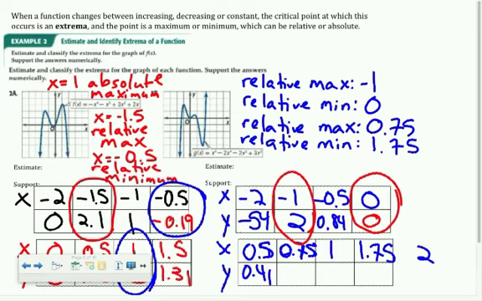Continuing with the 0.75. 0.75, I'm sorry, not squared. To the 5th power. Minus 2 times 0.75 to the 4th power minus 2 times 0.75 to the 3rd power plus 3 times 0.75 squared is 0.45.